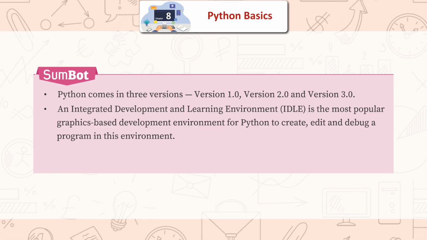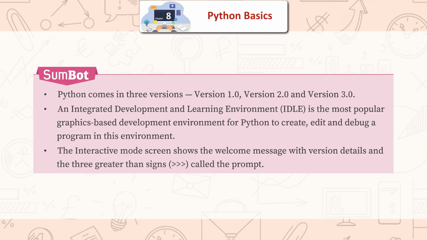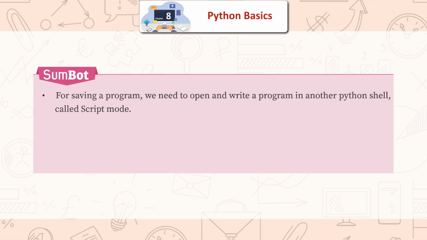An integrated development and learning environment, IDLE, is the most popular graphics-based development environment for Python to create, edit, and debug a program. The interactive mode screen shows the welcome message with version details and the 3 greater than signs called the prompt. For saving a program, we need to open and write a program in another Python shell called script mode.